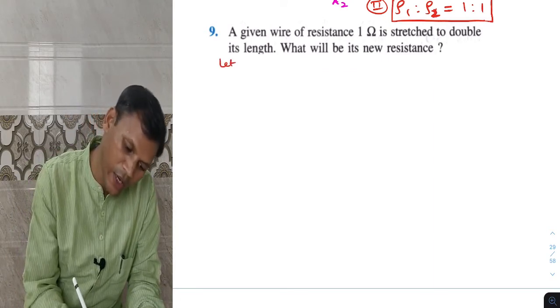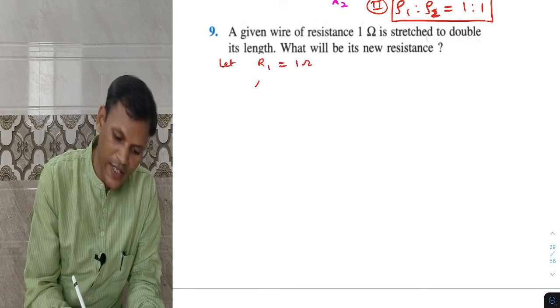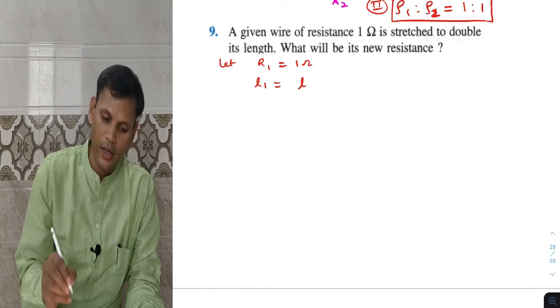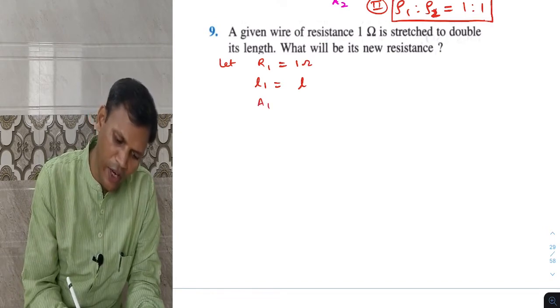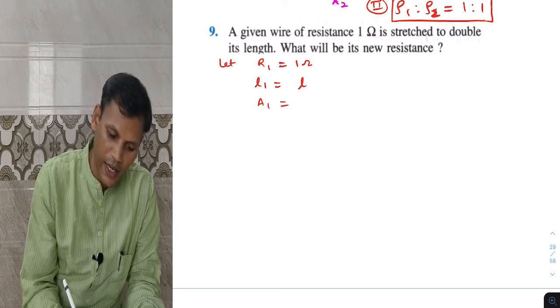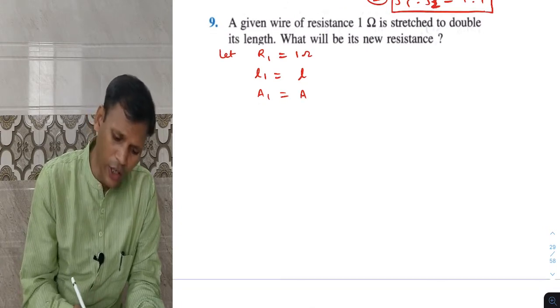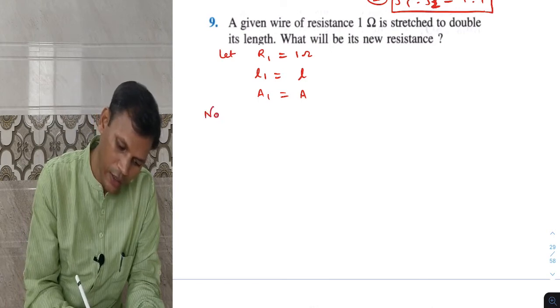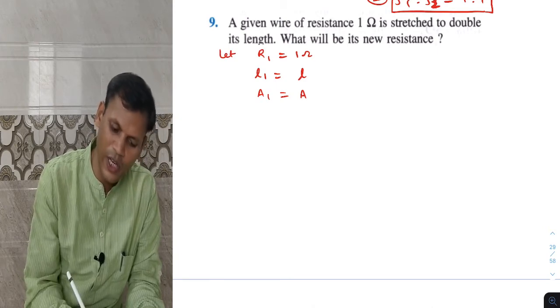Let R1 is equal to 1 ohm, L1 is equal to L, and area A1 is equal to A. Just before that, I can write what is the new resistance, so resistance is to be calculated.